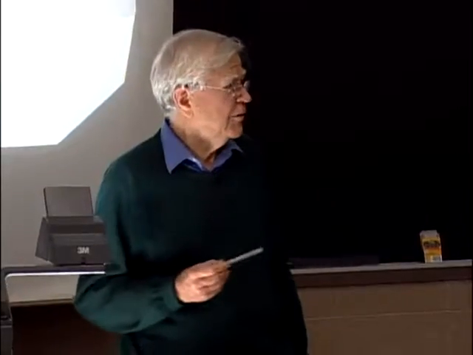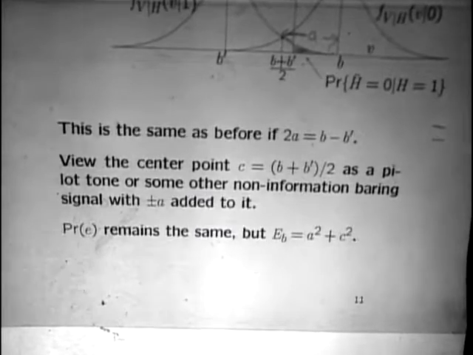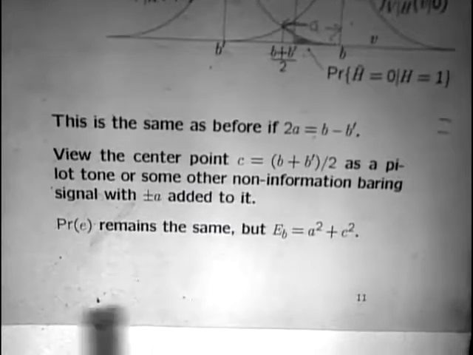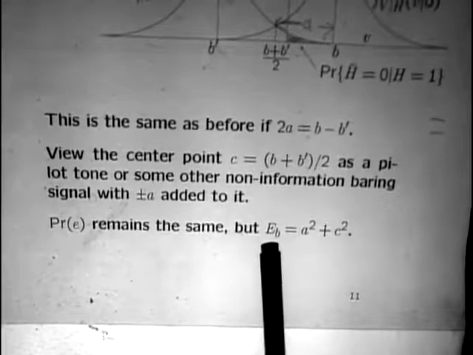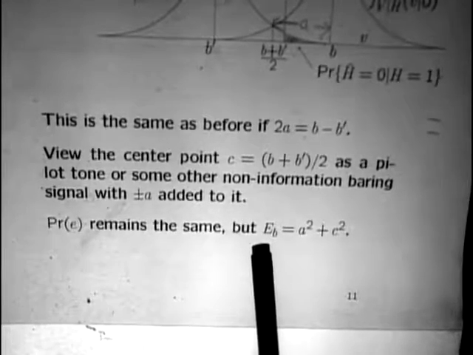Because of that, you get a very clear-cut idea of what it's costing you to send that pilot tone. Because in fact what you've done is to just increase this energy, which we talk about in terms of dB. If C is equal to A in this case, which as we'll see is a common thing that happens in a lot of systems, what you've lost is a factor of 3 dB, because you're using twice as much energy, which is 3 dB more energy than you have to use for the pure communication.